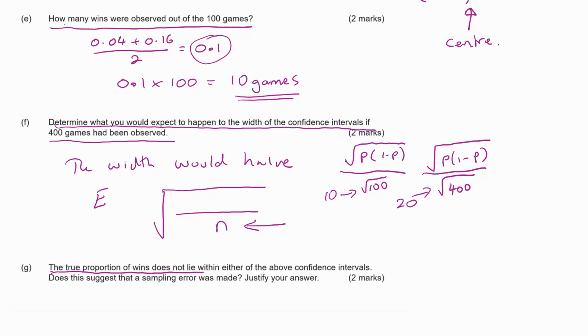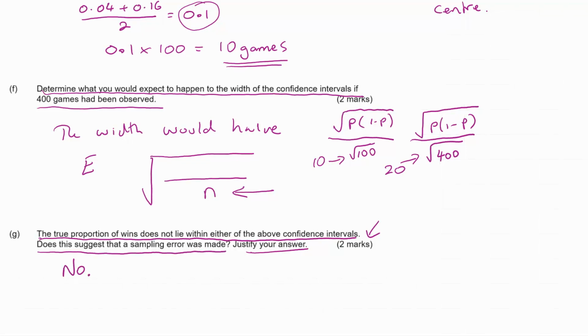The true proportion of wins does not lie within either of the above confidence intervals. Does this suggest that a sampling error was made and justify your answer? Well, the short answer there is no, but you're not going to get both marks for that. You have to justify.